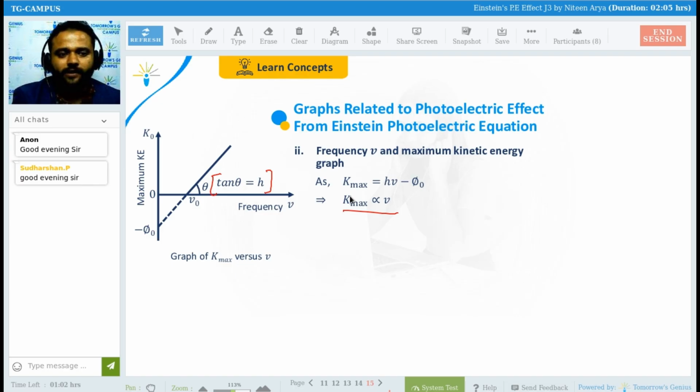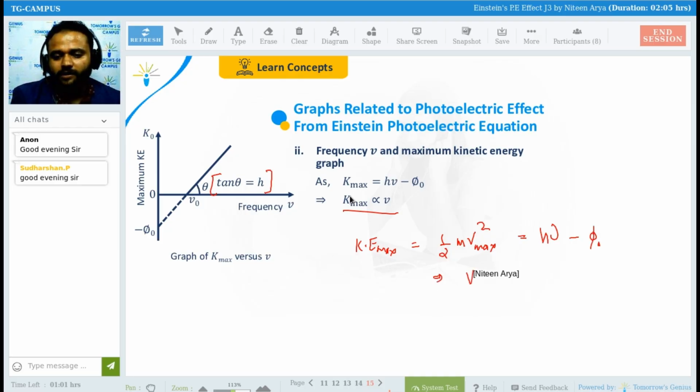In the same sense, if you want to find the graph between v square max and frequency, you can put half mv square. As we know, KE max is half mv square max, and that is h nu minus the work function phi naught.